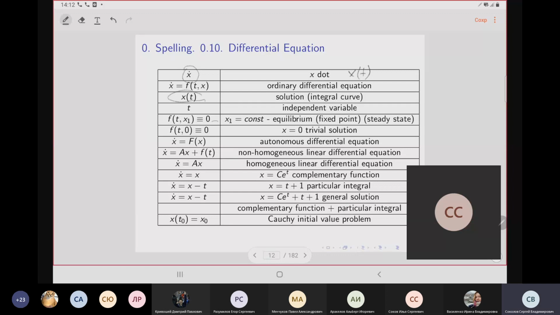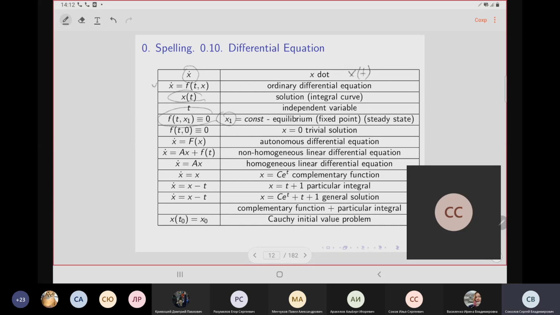Then, if there exists a point x1, a constant x1, such that the right-hand side of the equation satisfies f of t and x1 is equal to 0, then we say that x1 is an equilibrium, a fixed point, or a steady state of our differential equation.